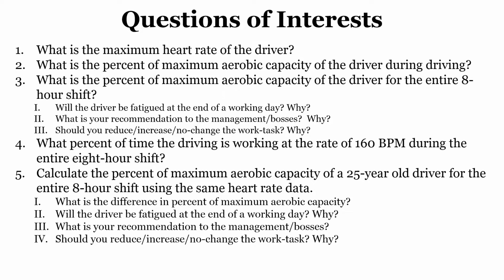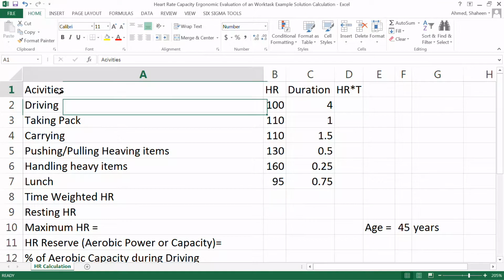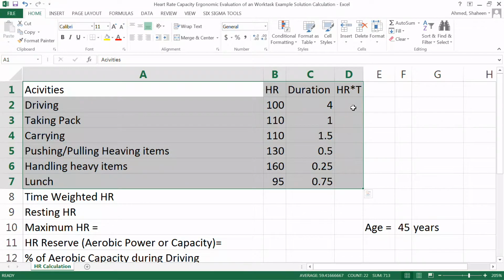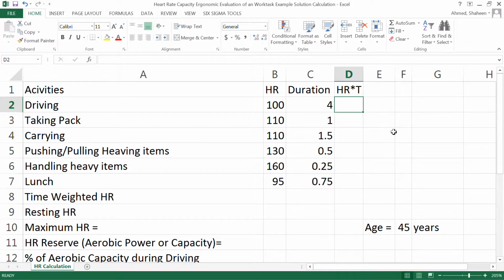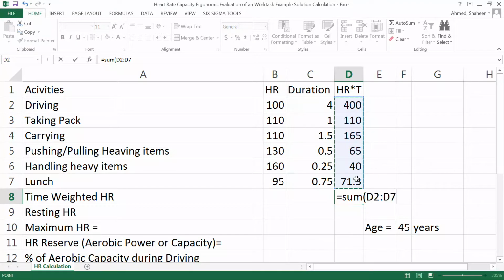I am going to use MS Excel to show all the calculations the question asked. So here are the activities' heart rates. To calculate the time weighted heart rate, we can simply do, for each of these different types of activities, heart rate times the amount of time they spend at that heart rate, and then copy that all the way down. Then I can sum all of these time weighted values and divide by the total 8-hour shift.